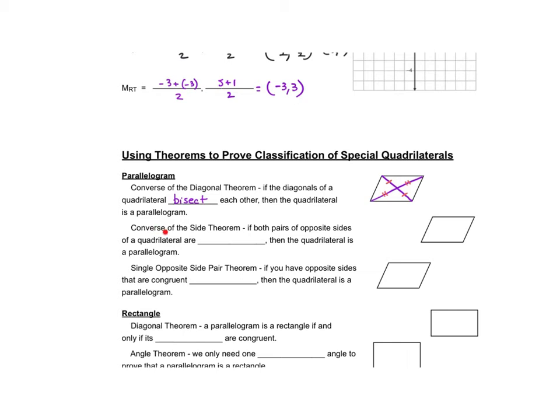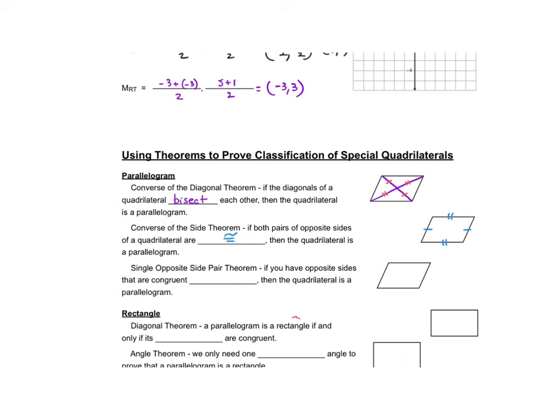Okay, let's see here. So we have the converse of the side theorem, and it says that if both pairs of opposite sides of a quadrilateral are congruent, then the quadrilateral is a parallelogram. So again, if both pairs of opposite sides are congruent, that is the converse of the side theorem.